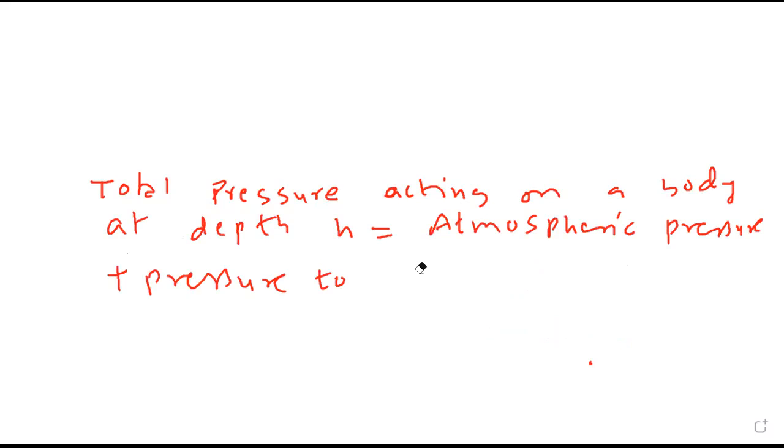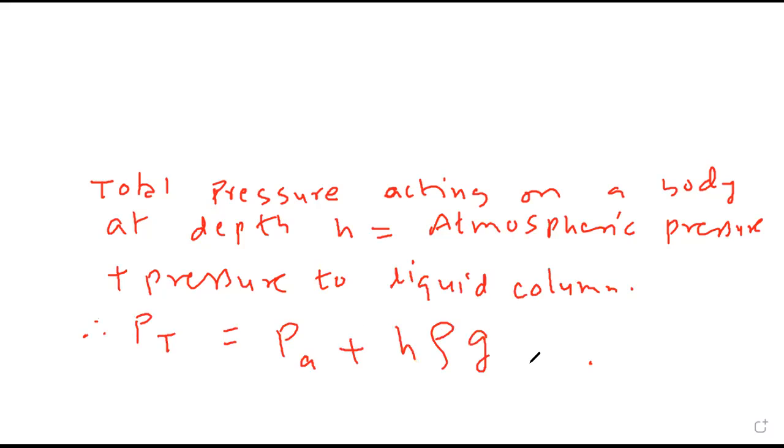Atmospheric pressure plus pressure due to liquid column. Therefore, total pressure Pt equals atmospheric plus h rho g. Right, this much.